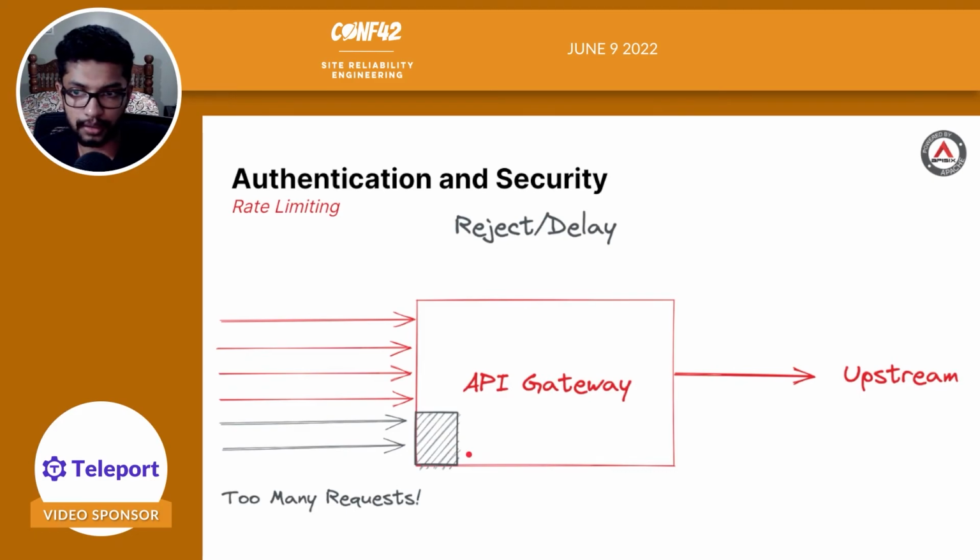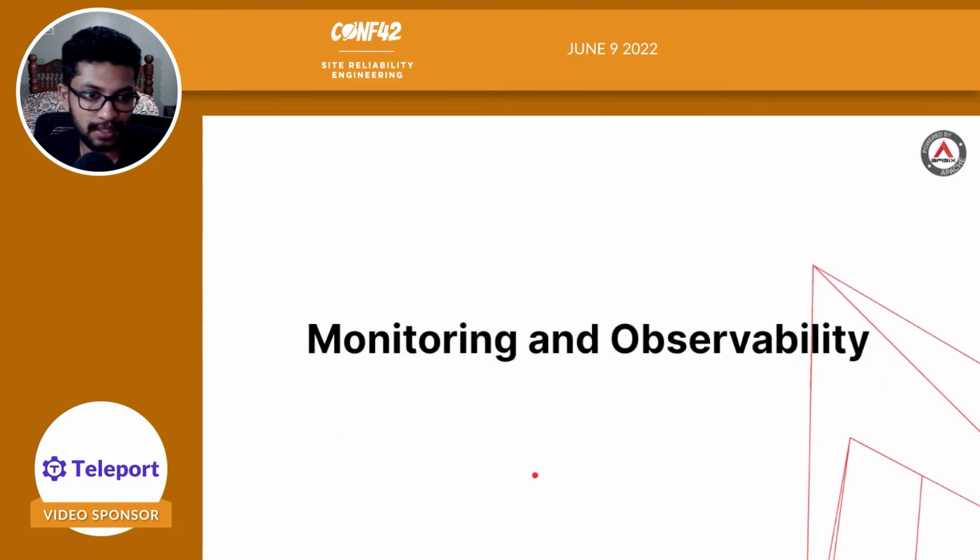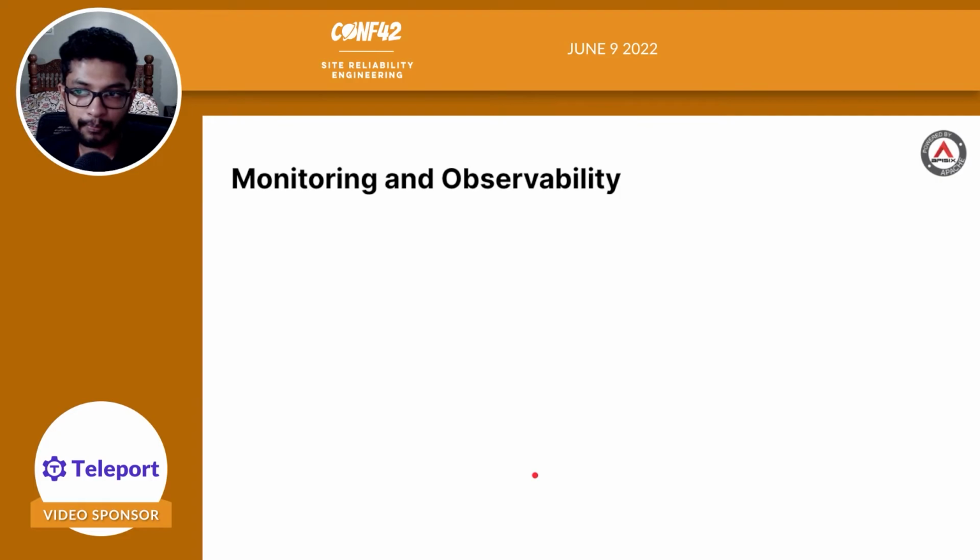There are even other ways in which you can ensure security and authentication, but I will leave that for you to explore, and I will move on to the monitoring and observability part of our discussion. Monitoring and observability deals with tracing, logging, and metrics.